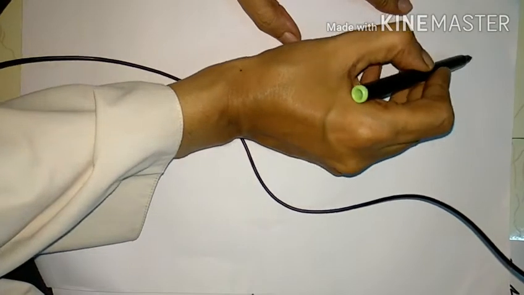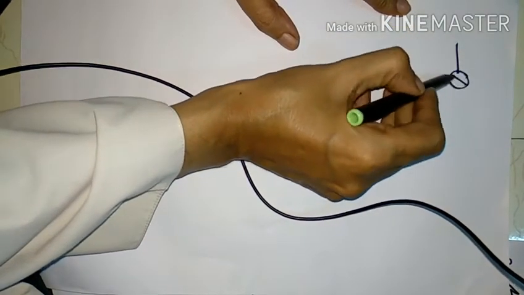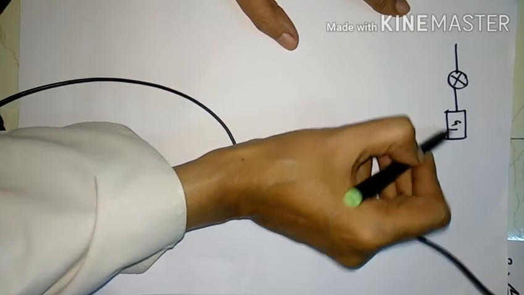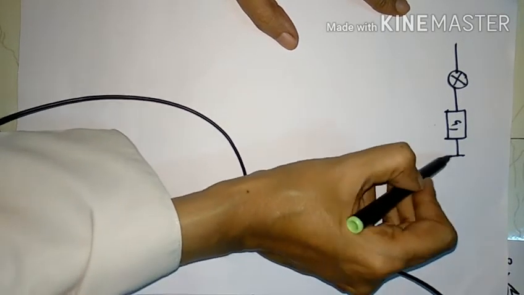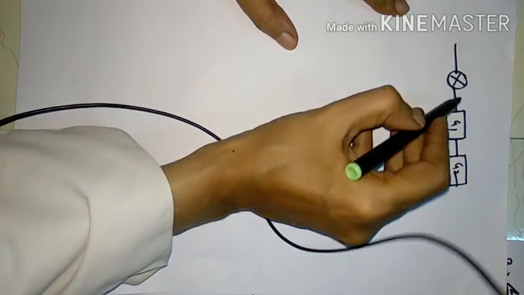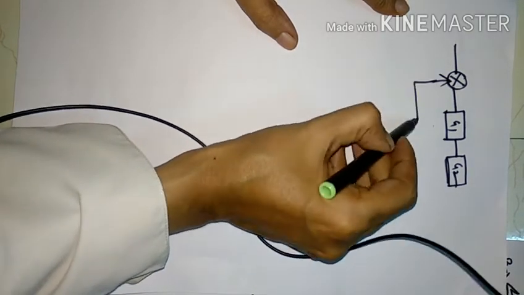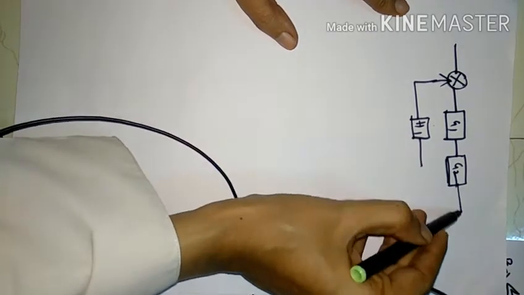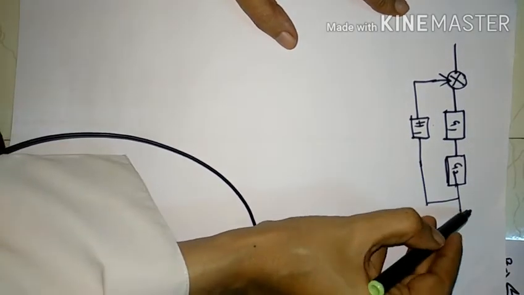Now today we will discuss an example of transfer function. Take this example. Suppose this is the diagram: G1, G2, these are the two blocks, and this is a simple block H1.